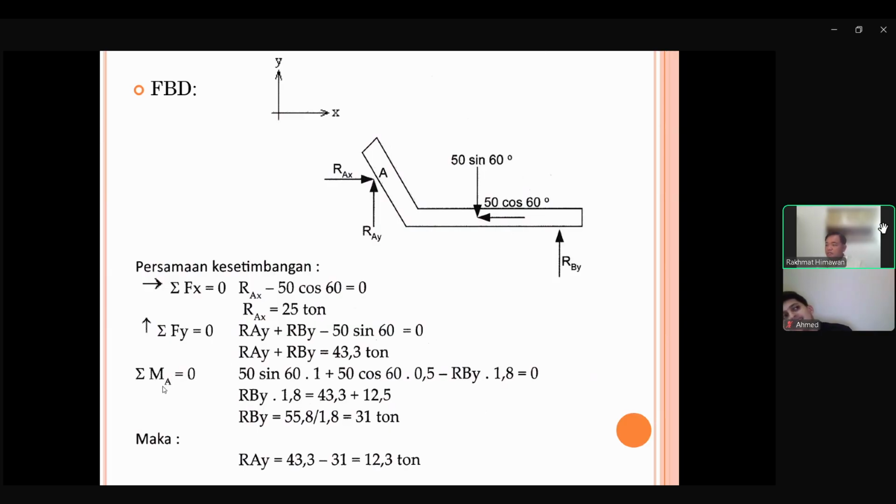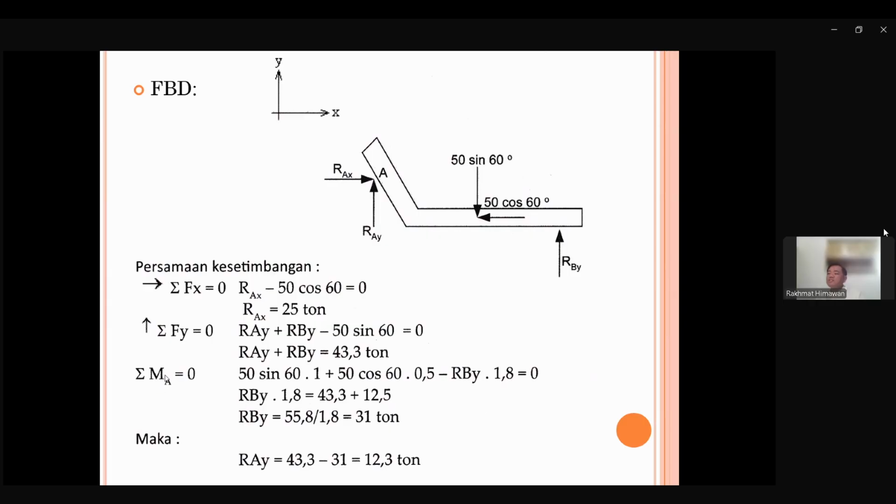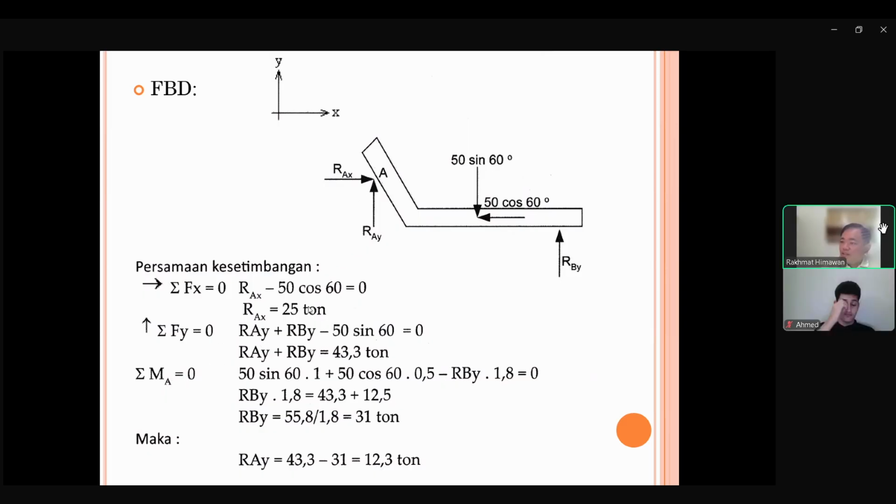So now we need to find out the sigma moment equal to 0, and we can choose. We can choose in A or in B. And there's no certain rule. It's your job to find out which one can help you get the answer. Okay. For this, for example, we use point A as 0. Sigma moment A equal to 0.